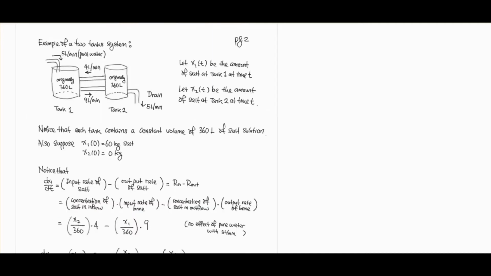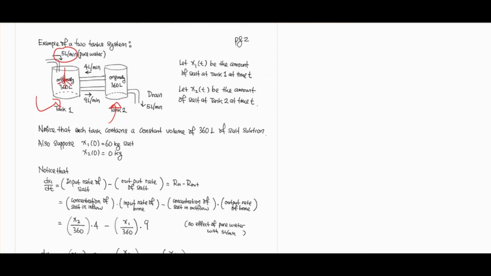For that, let's look at this particular example here. You have two tanks, tank 1 and tank 2, and inside the tanks is salt water. You have pure water going into the system at the rate of 5 liters per minute, mixing with the salt in tank 1.